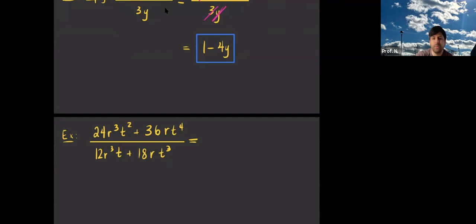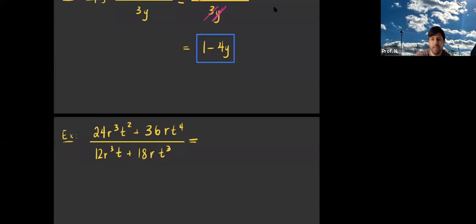So can I factor the numerator? There is a GCF for the numerator and for the denominator. What can I factor from the numerator? Among the 24 and the 36, what's the greatest common factor?